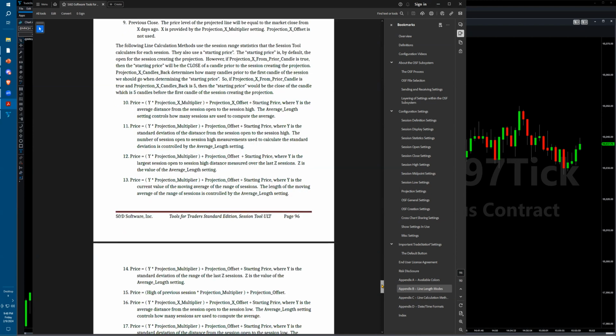Now, as we get out of here, we start getting into actual formulas. And here is where you start seeing some of the statistics being used.